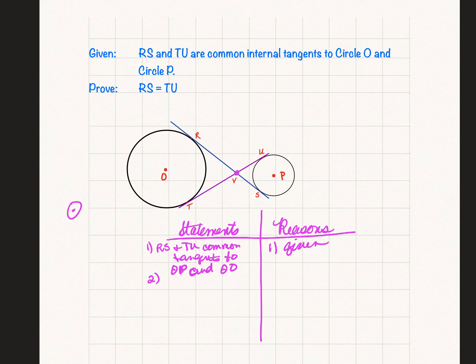and V is a point outside both circles. But VT and VR are tangents to circle O from a common external point, so they're congruent.